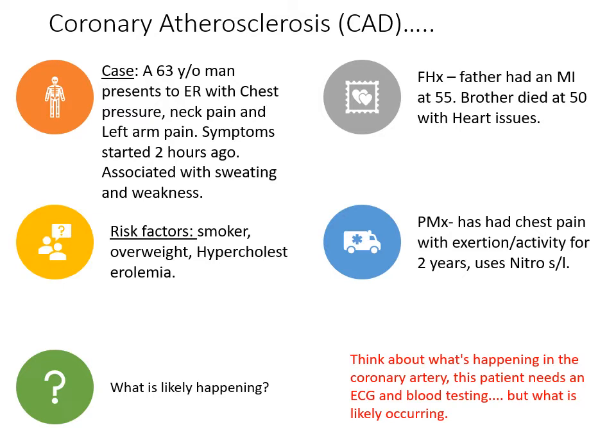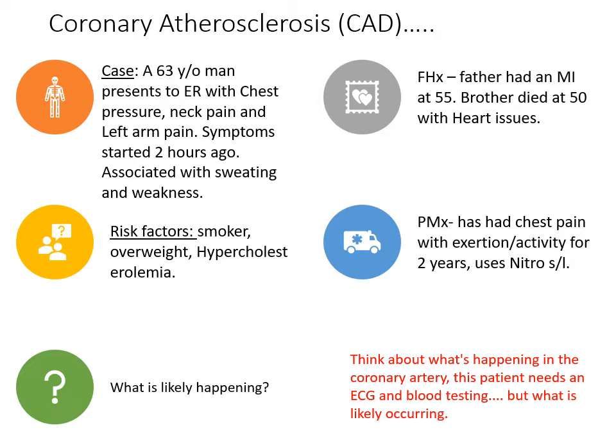called acute coronary syndrome. So this could be unstable angina, where we will likely see some changes on the ECG, but the blood test for troponin will be negative. This could be an NSTEMI, where we'll see some changes on the ECG very often, but no ST elevation, and the blood will be positive for troponin.